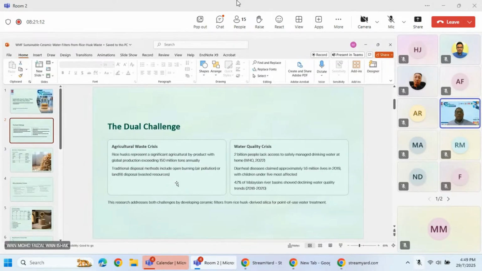From these challenges, we came up with the idea of how to overcome the problem of agricultural waste and, at the same time, increase water quality for the benefit of our people. This research addresses both challenges by developing a ceramic filter from rice husk derived silica for point-of-use water treatment.